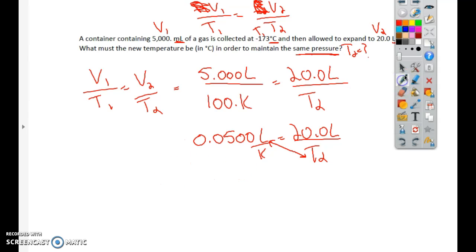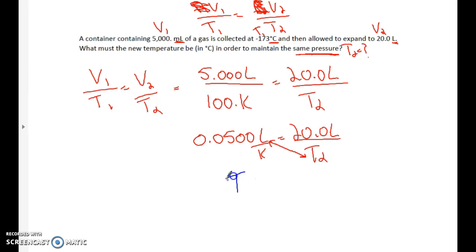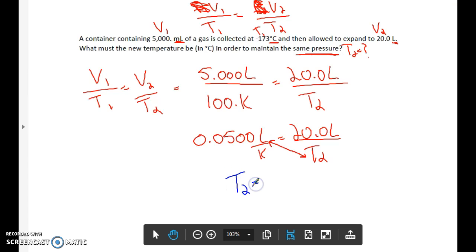What you should end up getting is T2 equals 20.0 liters divided by 0.0500 liters over Kelvin. The liters will end up canceling out, and what you'll get is your answer in Kelvin, and it equals 400 Kelvin.